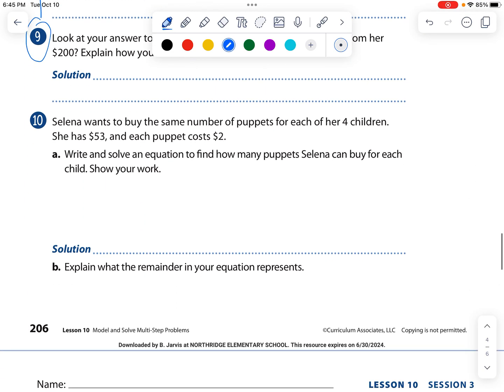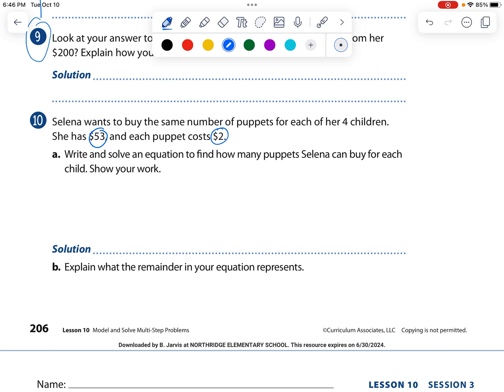Okay, Selena wants to buy the same number of puppets for each of her 4 children. She has $53. Each puppet costs $2. Write and solve an equation to find out how many puppets Selena can buy for each child. Okay, so she has this much.